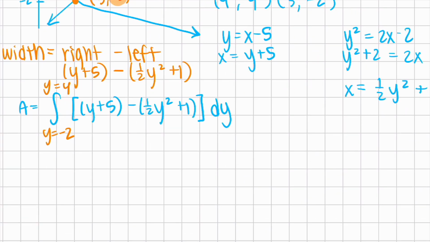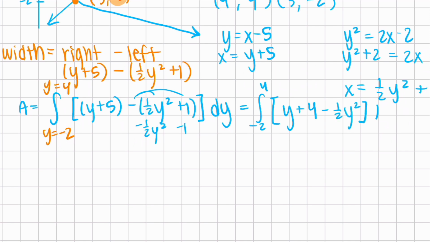Okay, so now that we have our integral, the rest of this problem is solving our definite integral. I'm going to start by simplifying a little bit. We're going to distribute the negative, so I'm going to have minus 1/2 y squared minus 1. So this is going to be y plus 4 minus 1/2 y squared.